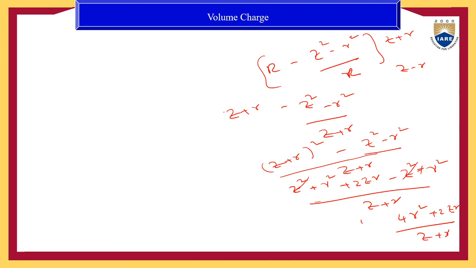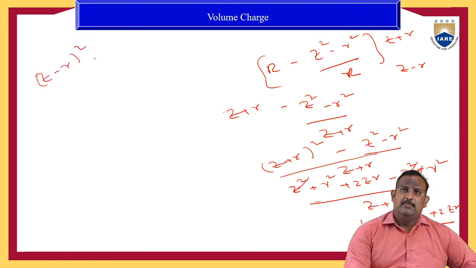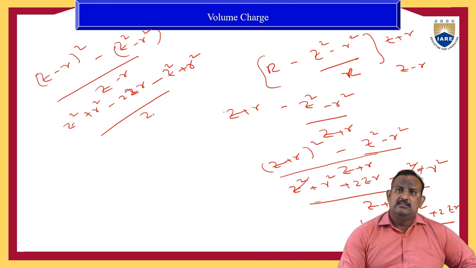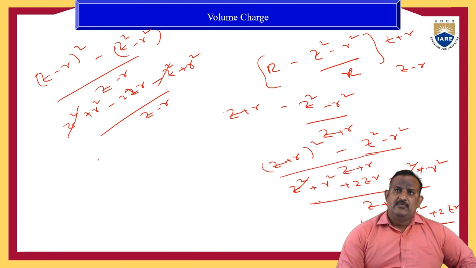Similarly, if you substitute z minus r, it is z minus r whole square minus z square minus r square by z minus r. Therefore, it is z square plus r square minus 2zr minus z square plus r square by z minus r. So here also you can cancel the z square. Therefore, it is 4r square minus 2zr by z minus r.